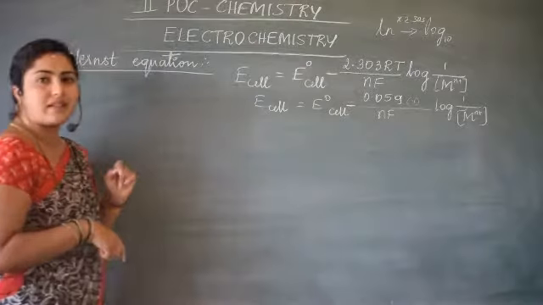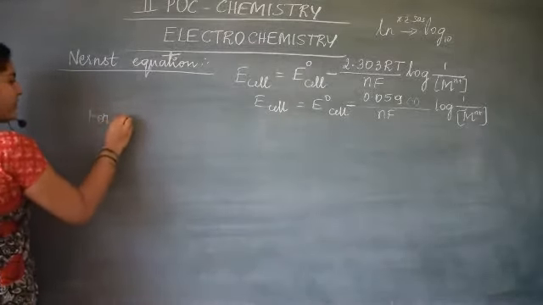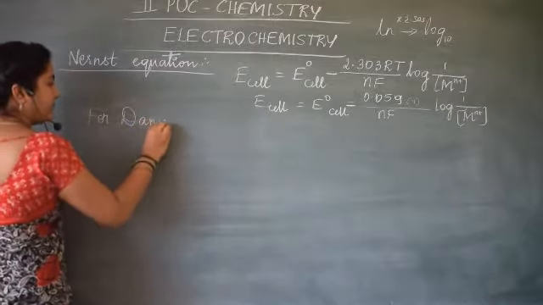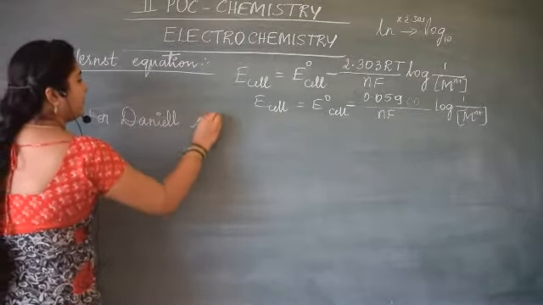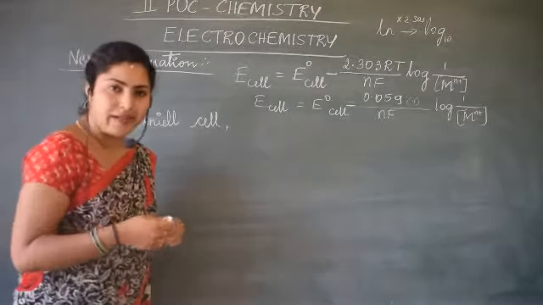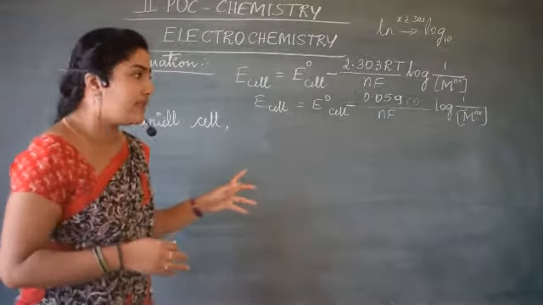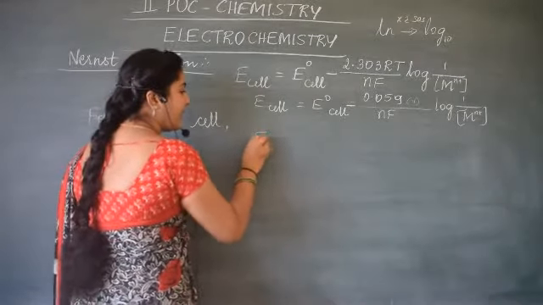Now let us write the Nernst equation for Daniell cell. Daniell cell has zinc and copper electrode. So when we write the Nernst equation for Daniell cell, we get it as E of cell.